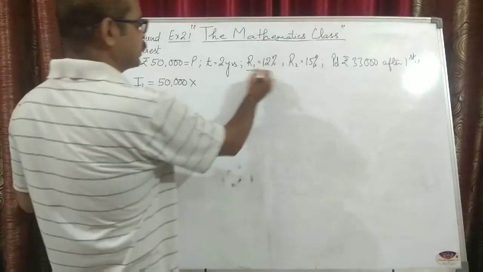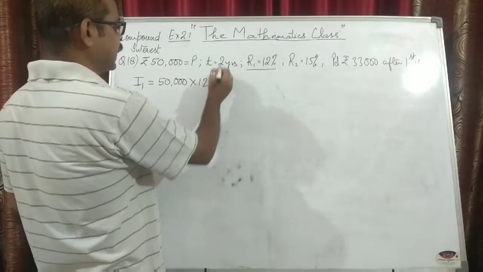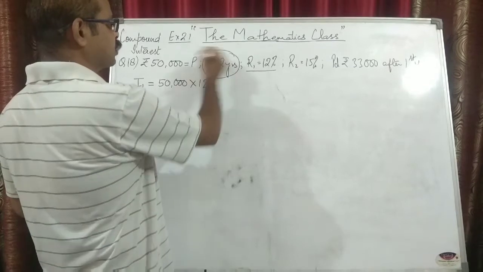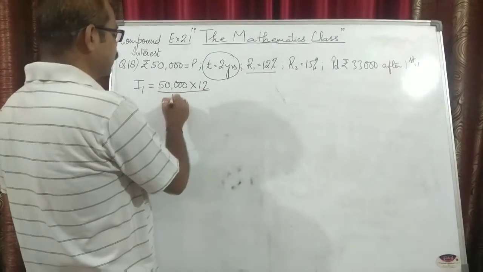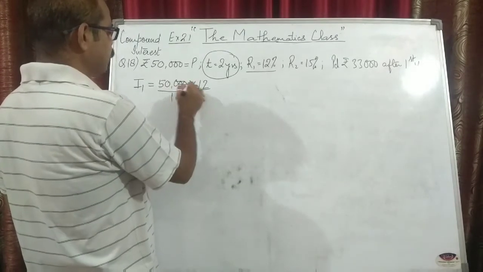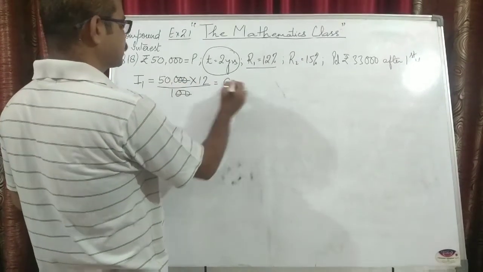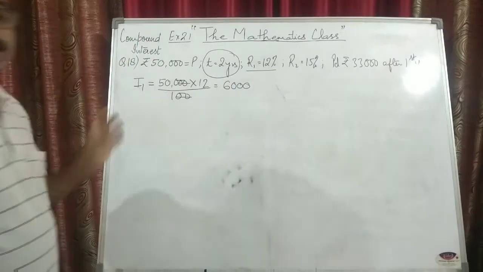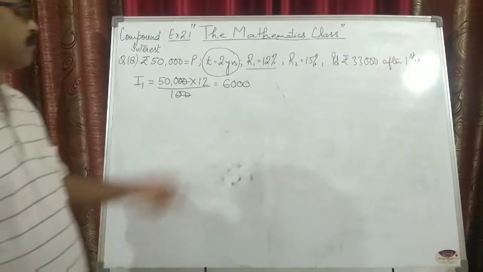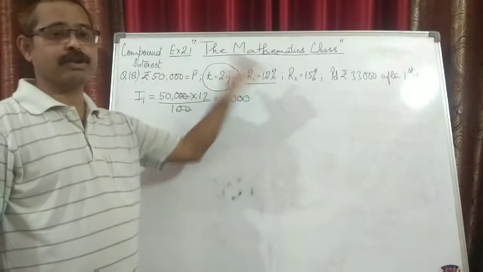Rate for the first year is 12%. Time from this was 2 years total, so I have taken time 1 year, either you write or you don't write, upon 100. So this will be 6,000. 6,000 is the interest after first year on 50,000 rupees at 12%.